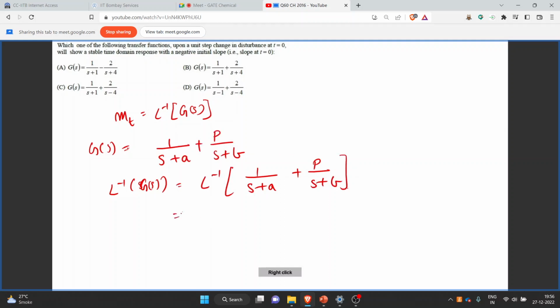So this will be equal to, first of all, the Laplace inverse of 1 upon s plus a, which becomes e raised to minus at, plus p will get common, and 1 upon s plus b will be e raised to minus bt. So ultimately this is our derivative.